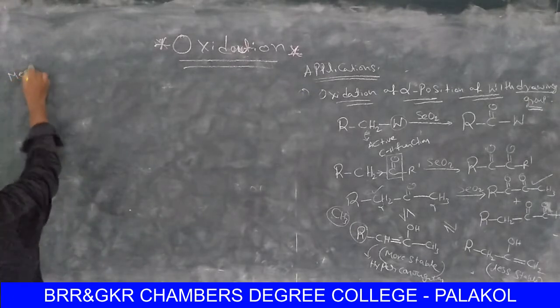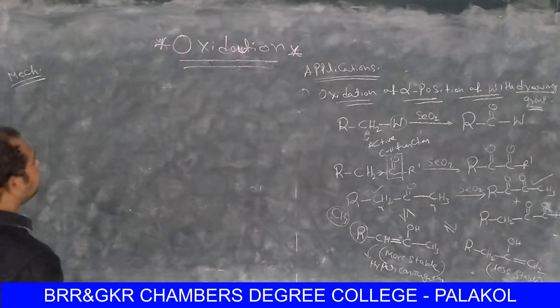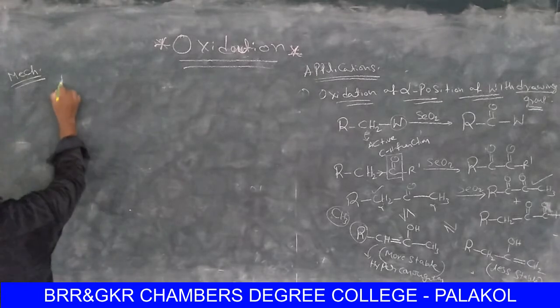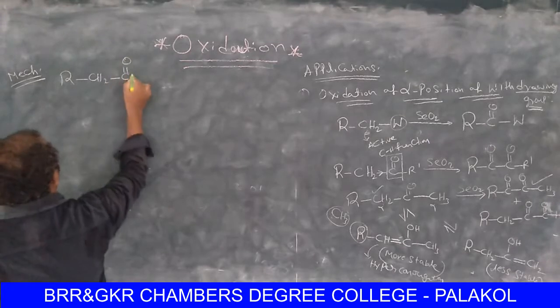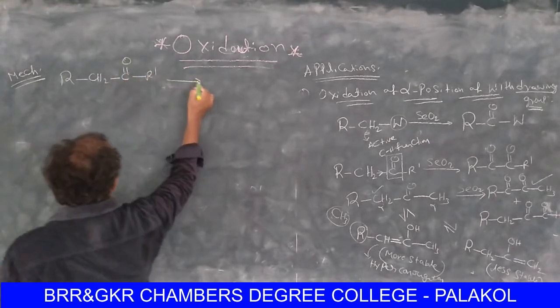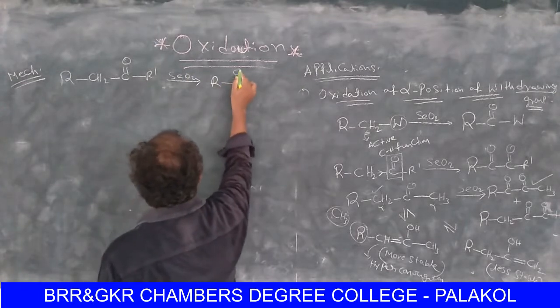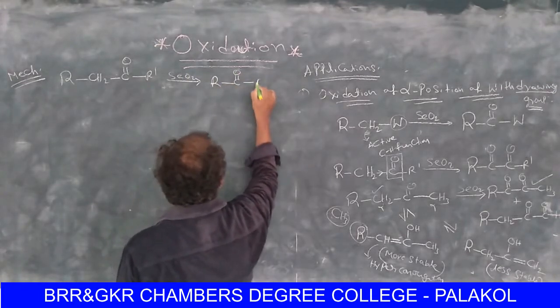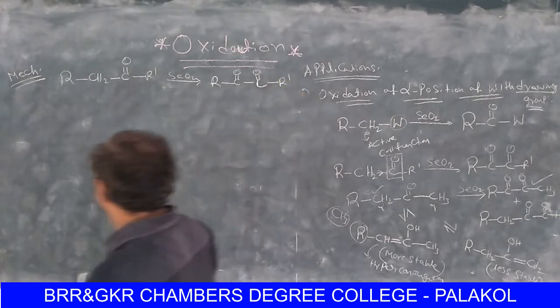How do we get such a product? We can understand by taking its mechanism, right? First take a general compound, RCH2C(=O)R', which is converted to RC(=O)C(=O)R'. Let us see its mechanism.